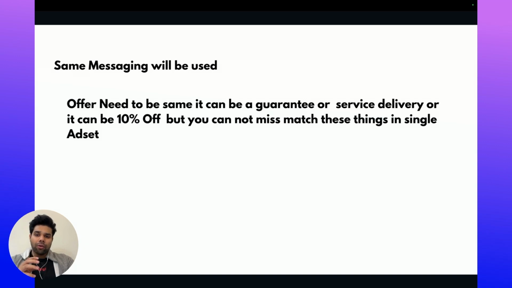Whenever you create ads, you have an idea in mind, and you need to be very clear about that. You cannot mix multiple ideas of offers like a guarantee, service delivery, done-for-you services, or 10% off or 5% off.